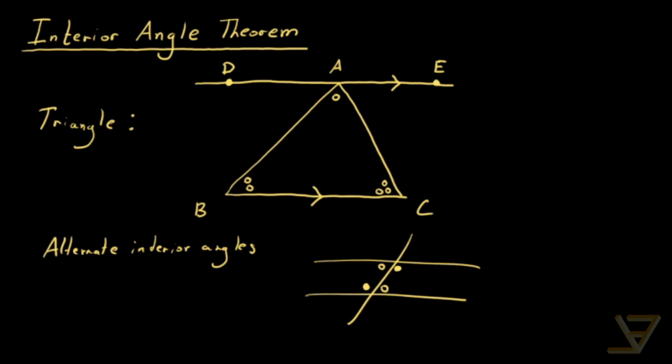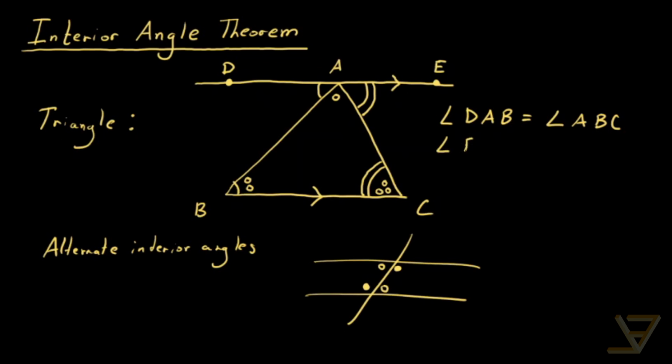So let's use that here. We have an angle ABC, and we have an angle DAB, and that lets us say that angle DAB is equal to angle ABC, and similarly we have angle ACB, which we can say by alternate interior angles is equal to angle EAC.